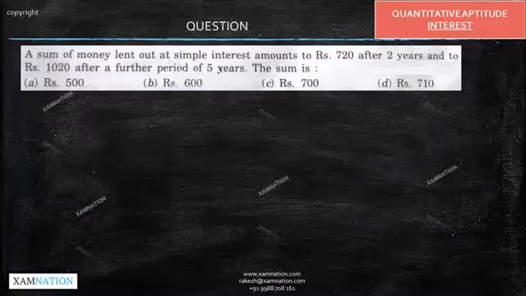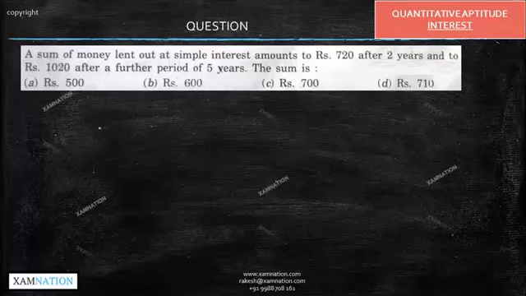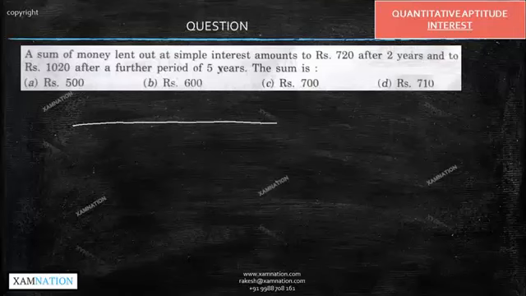A sum of money lent out at simple interest amounts to 720 after 2 years, and 1020 after a further period of 5 years. Students, the point to be noted is first, it is a problem of simple interest.